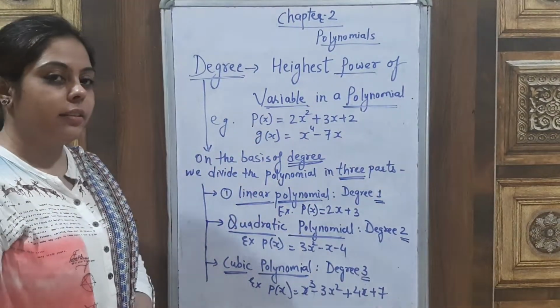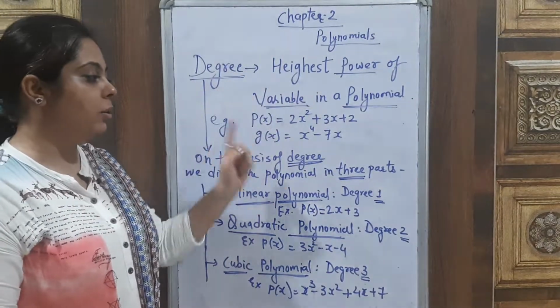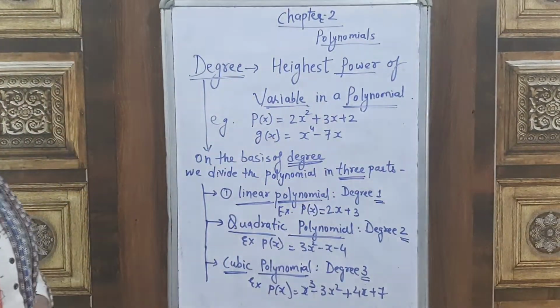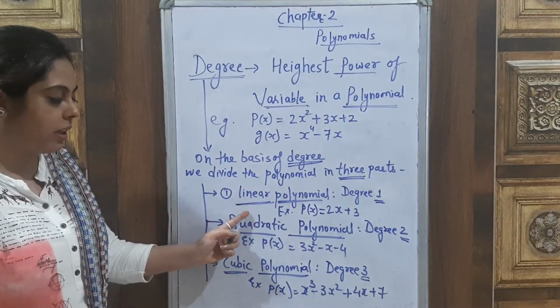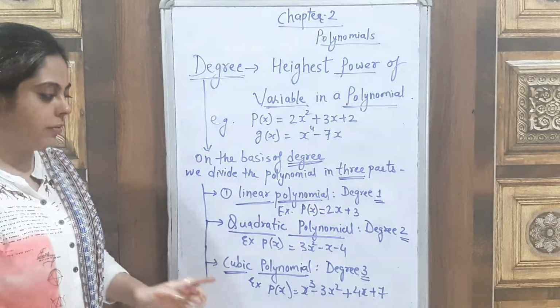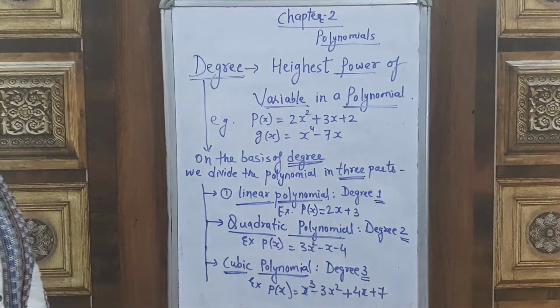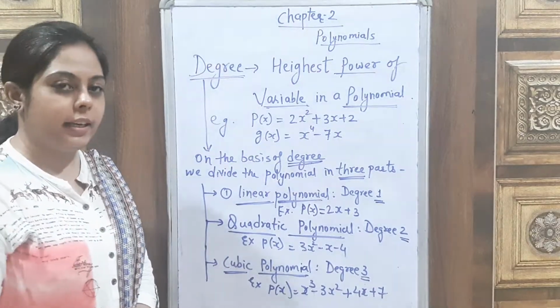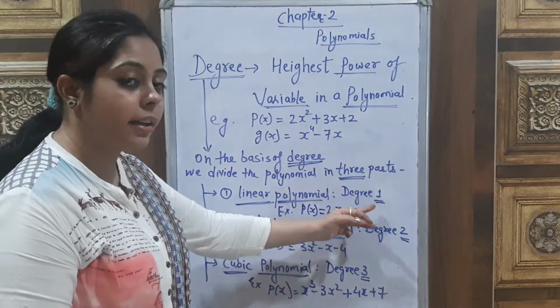डिग्री के अकॉर्डिंग हम पॉलिनोमियल को जनरली 3 पार्ट्स में डिवाइड करते हैं एंड दीज पार्ट्स आर लीनियर पॉलिनोमियल, क्वाड्रेटिक पॉलिनोमियल एंड क्यूबिक पॉलिनोमियल. सो लेट अस स्टार्ट विथ लीनियर पॉलिनोमियल. लीनियर पॉलिनोमियल, here the degree is 1.